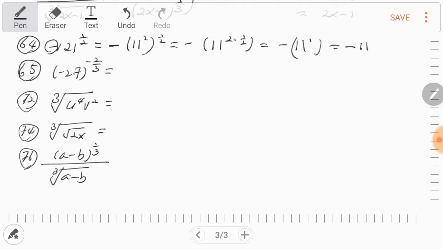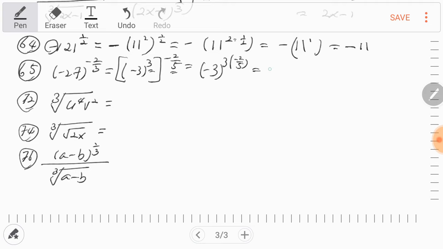Okay, the next one is negative 27. Negative 27 is negative 3 cubed, right? Negative 3 cubed, and this is raised to the negative 2/5 power. So we can multiply the two exponents. Negative 3 raised to the 3 times negative 2/5.